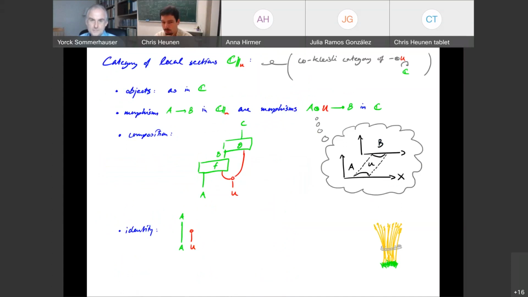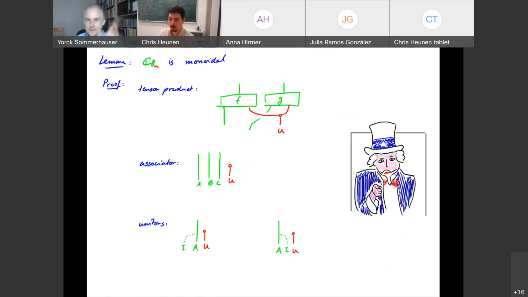The right uniter is a map from A times I to A, you could be right in that. But a morphism in C_U from A to B is something where you always attach the U to the right of the domain you're really interested in. Oh yeah, you're right, that's correct. So it goes A I U. Yeah, I agree.